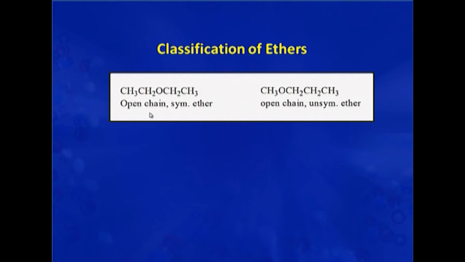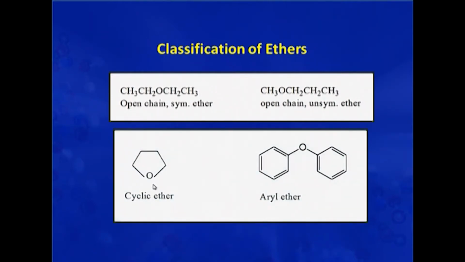This is an open chain ether as well as a symmetrical ether. This ether is methoxypropane. This is an open chain ether, but at the same time an unsymmetrical ether. Here, this is tetrahydrofuran, a cyclic ether, and this diphenyl ether is an example of aryl ether.